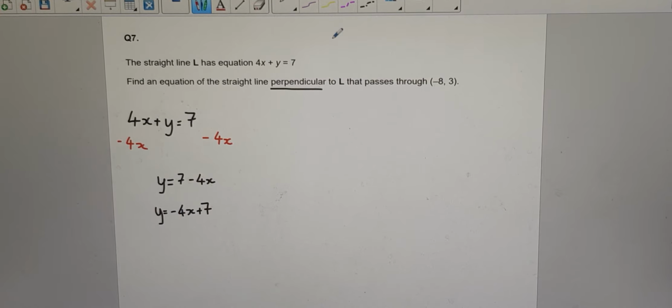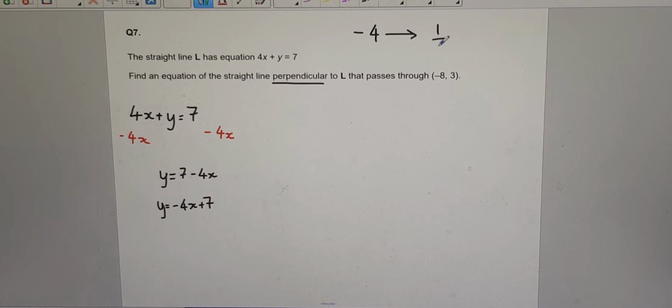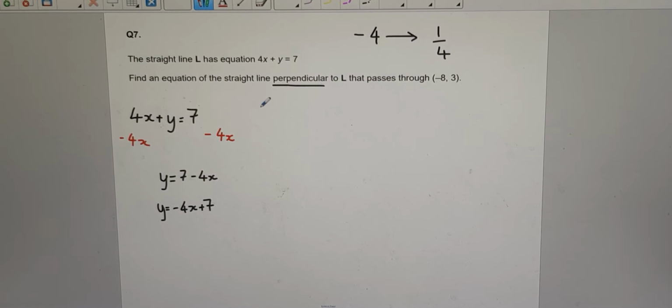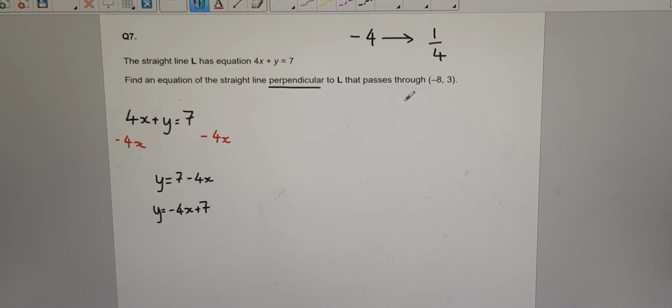So if my gradient is -4, the reciprocal of 4 is 1/4. Because this is already negative, negative the reciprocal gives me +1/4. This is my perpendicular gradient: negative the reciprocal of -4 is +1/4.